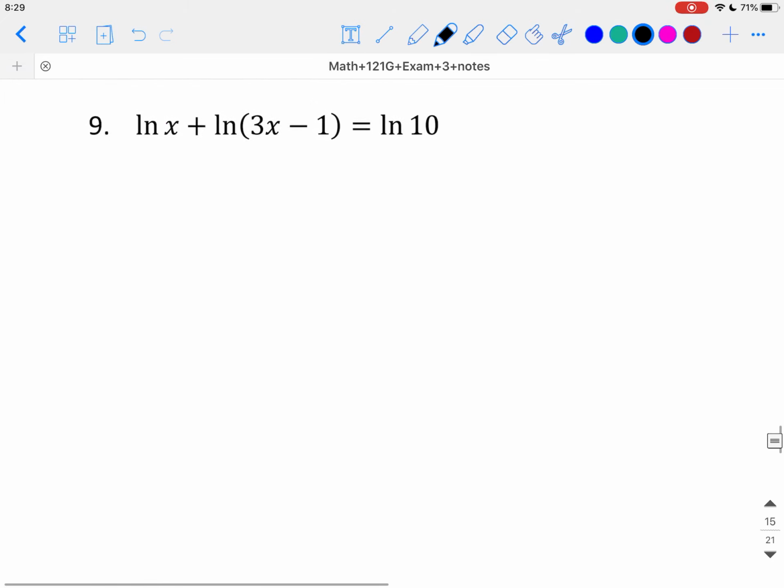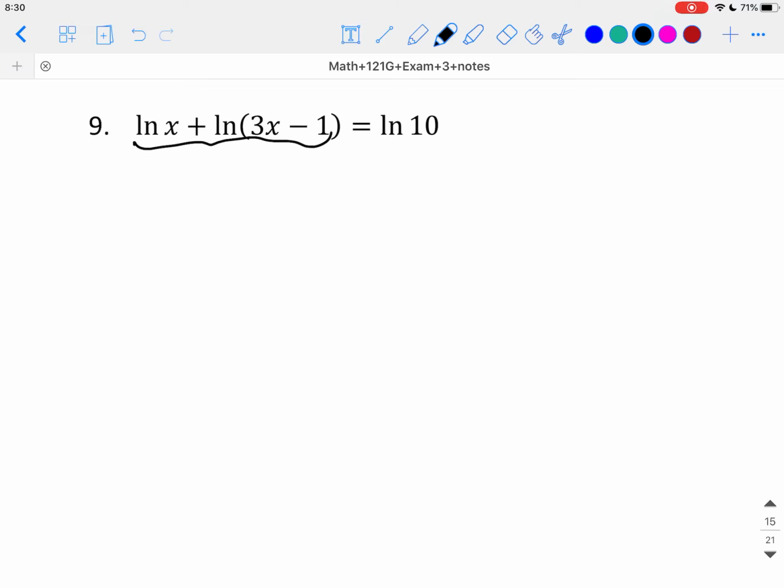Number 9. ln of x plus ln of parentheses 3x minus 1 close parentheses is equal to ln of 10. So here we have ln's for once now. And again, in order to get rid of logarithms, we can exponentiate both sides.